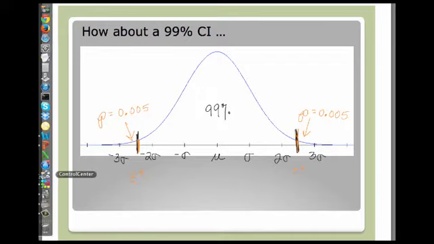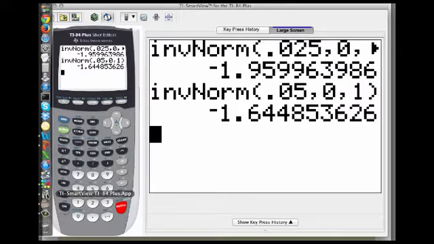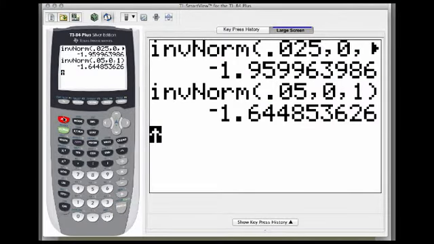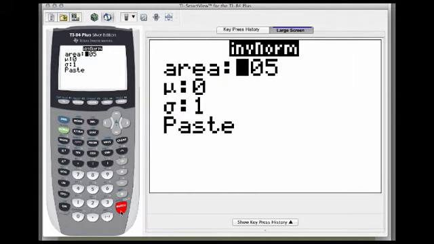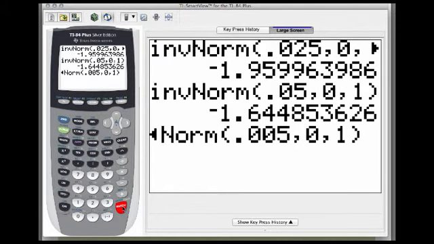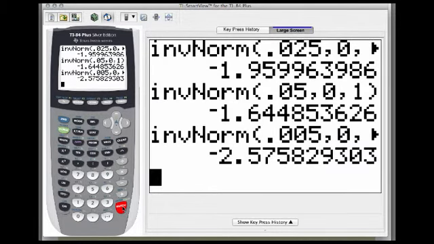We can do that on our calculator again. 0.005, and keep 0 and 1, and negative 2.576.